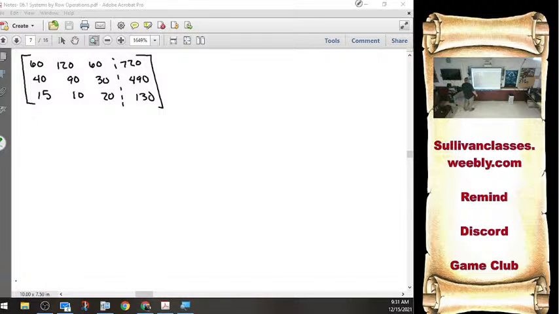Can I reduce any of this? That's always my first step. So I'm going to say 1/60th row 1 is 1, 2, 1, 6, 12.